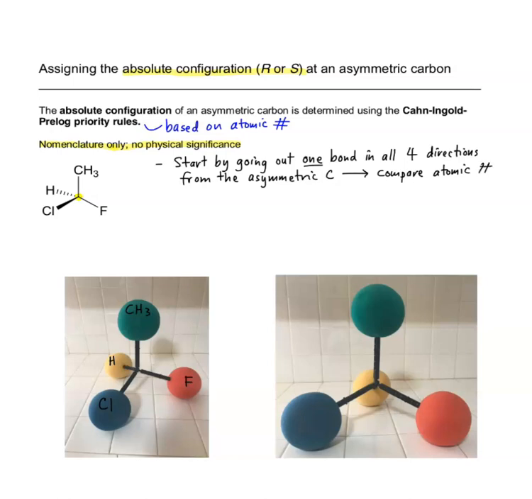So compare atomic numbers of those 4 atoms. So we're going to assign priorities based on atomic number. The higher the atomic number, the higher the priority.